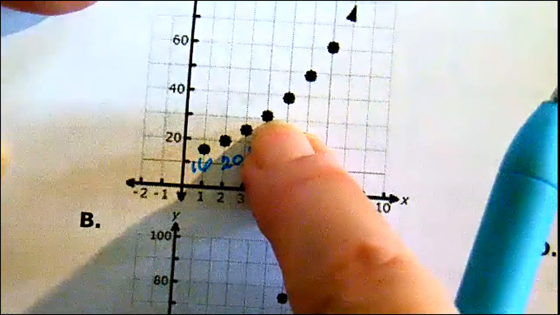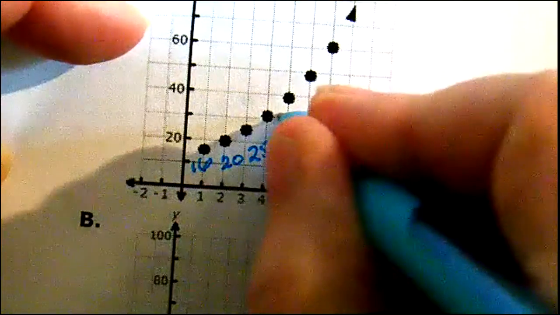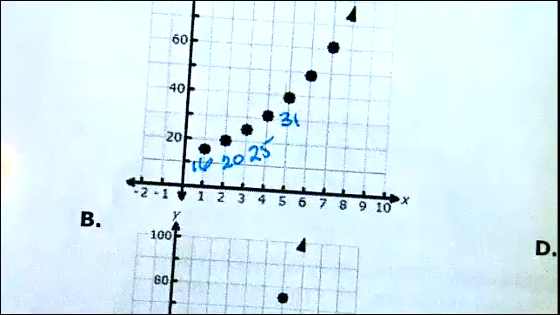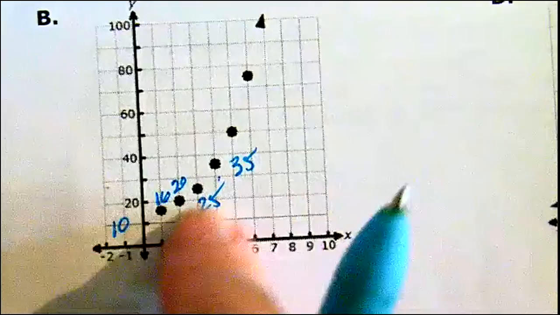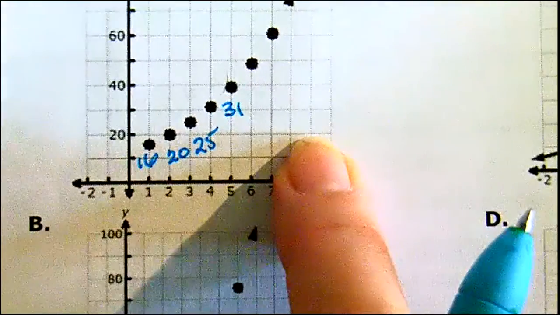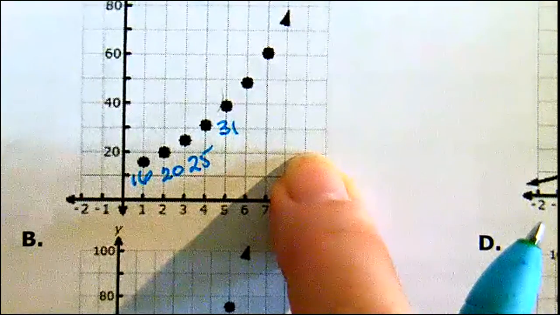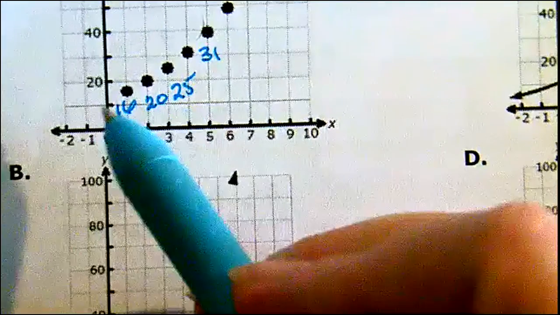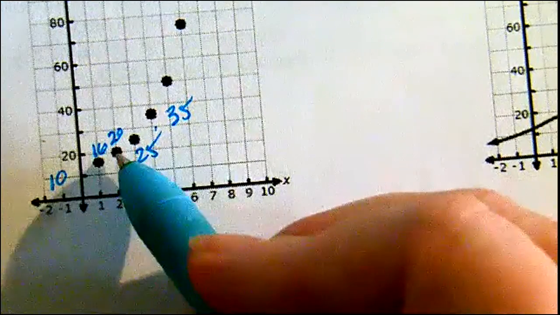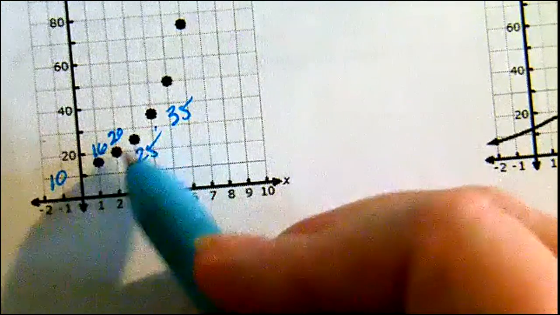And then this one is really just a hair above 30. So I made a mistake. This one is just a little bit too high, but this one is better.